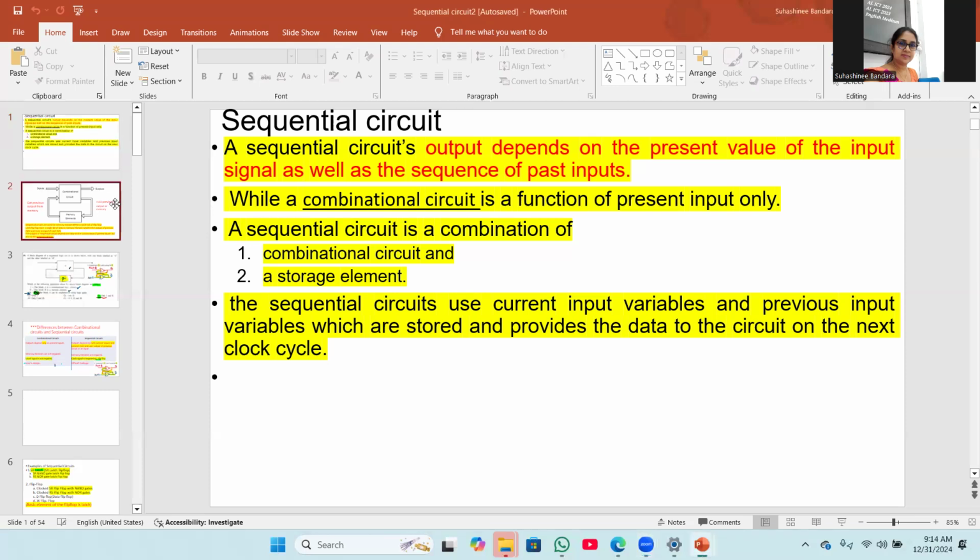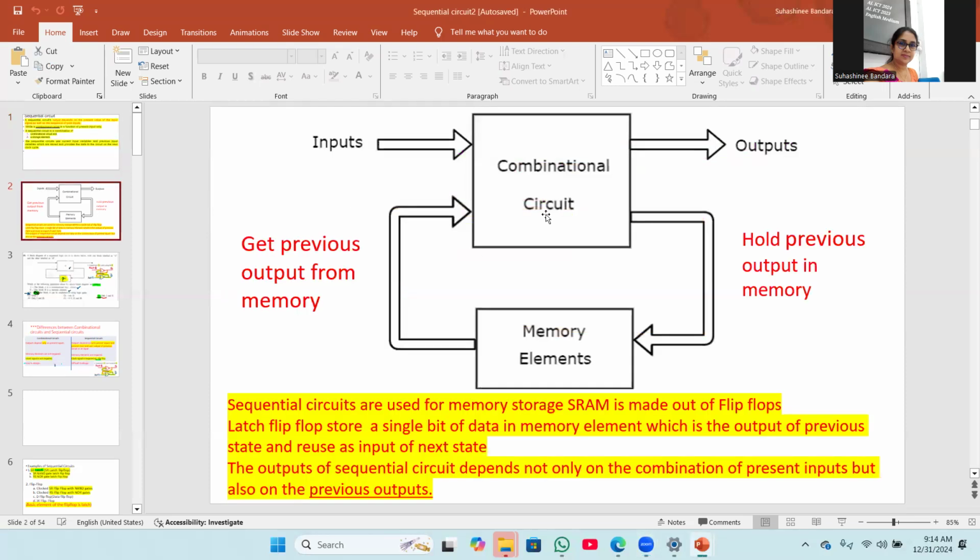That means a sequential circuit consists of two sections, the combinational circuit and the memory element. So the input signal is there. While making the output, the memory element will keep the previous output. That output will be taken again for the next iteration.